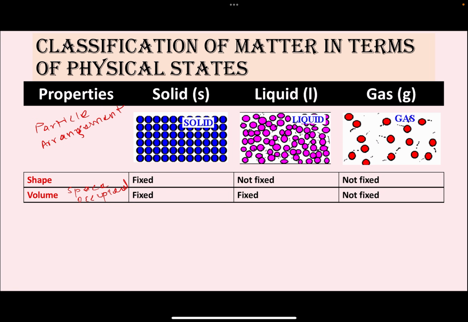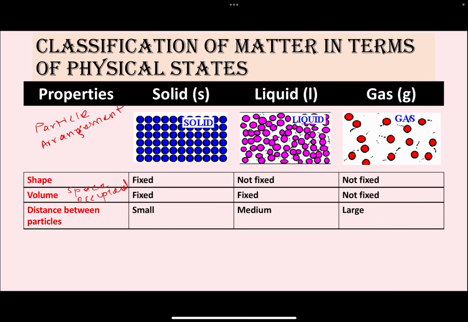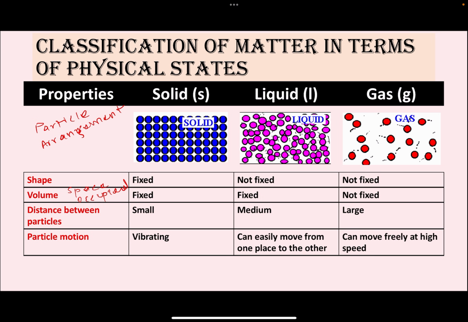All right, so then if we talk about the distance between the particles, as we mentioned earlier, solids have very little to no space, liquids have some sort of space, and gases have a lot of space between the particles. In terms of particle motion, because solids do not have any space to move, the only type of movement that can happen for solid particles is vibration.